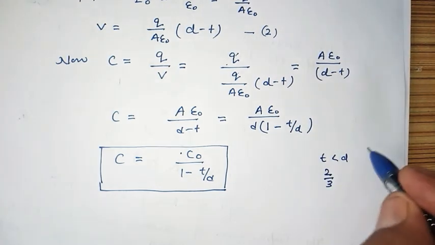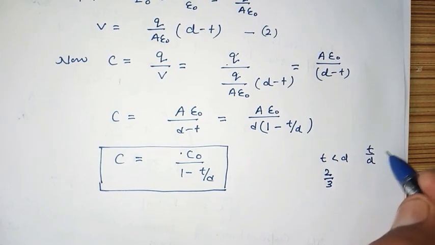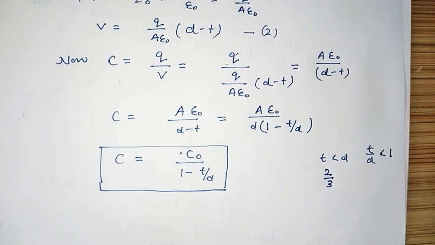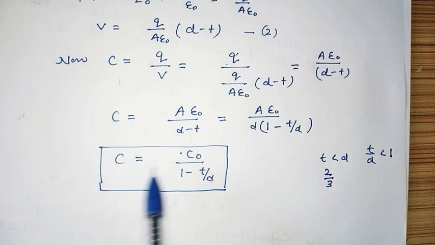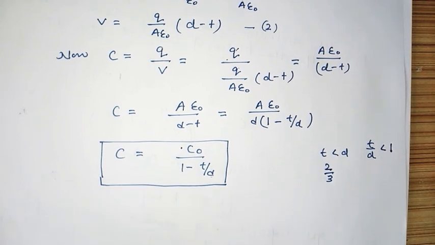So this value T upon D will be less than 1, right? So 1 minus something will come 0.something, right? So if you multiply with this one, it will come as a multiplying factor. So you will see that capacitance will increase.